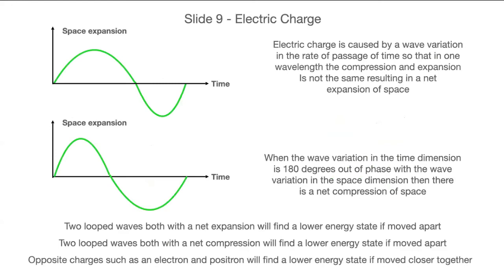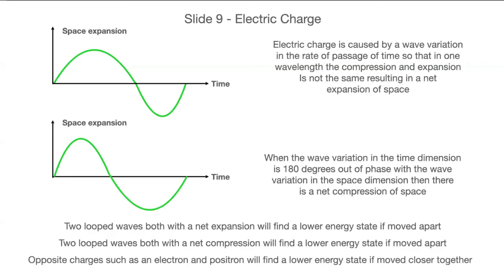So an electron has one negative charge, and in the standard model of particle physics, the quarks would have minus a third and plus 2/3 of electric charge. But what this slide is showing is the fundamental nature of electric charge by looking at the space-time wave.